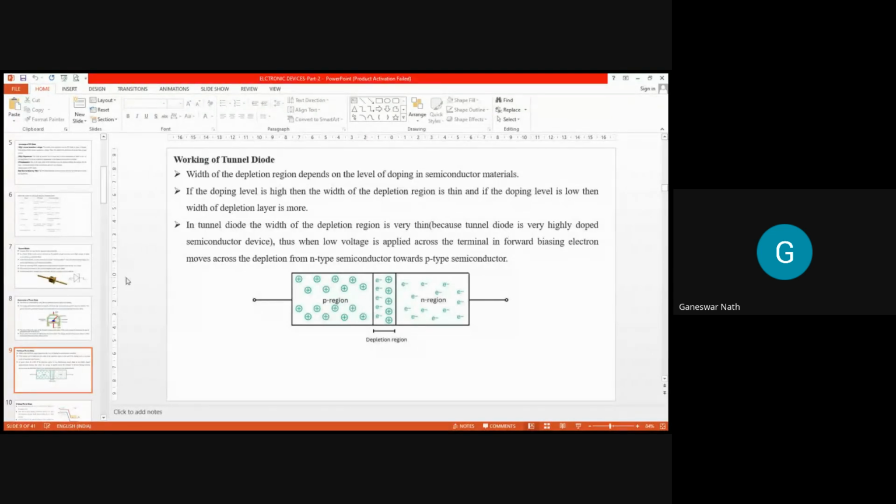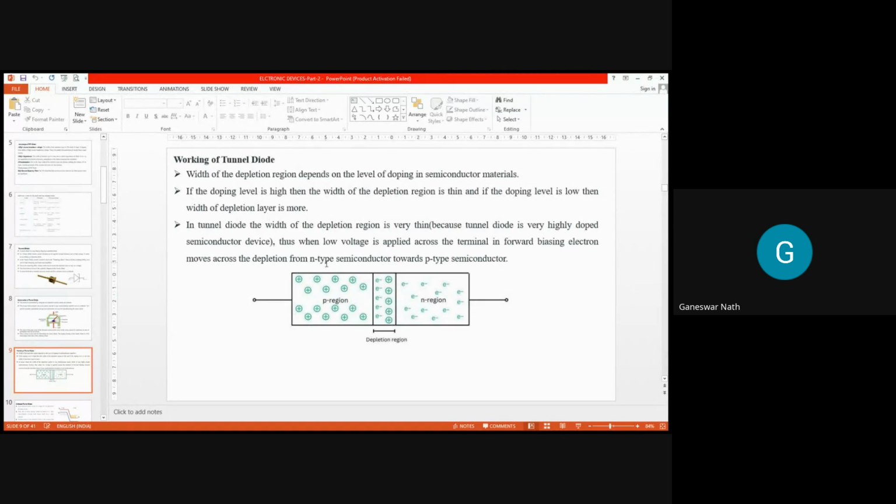If the doping level is high, then the width of the depletion region is thin. If the doping level is low, then the width of the depletion layer is more. Just remember how the width depends upon the doping level: higher doping, low width; low doping, more width. They are inversely related.